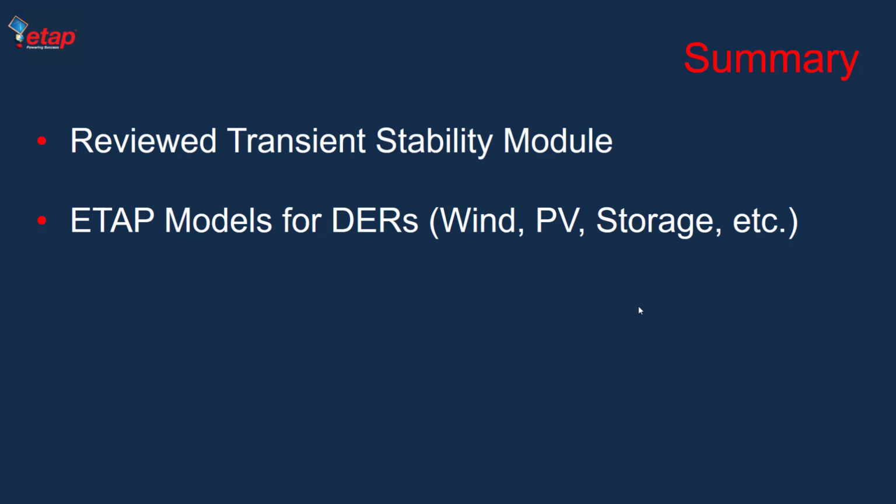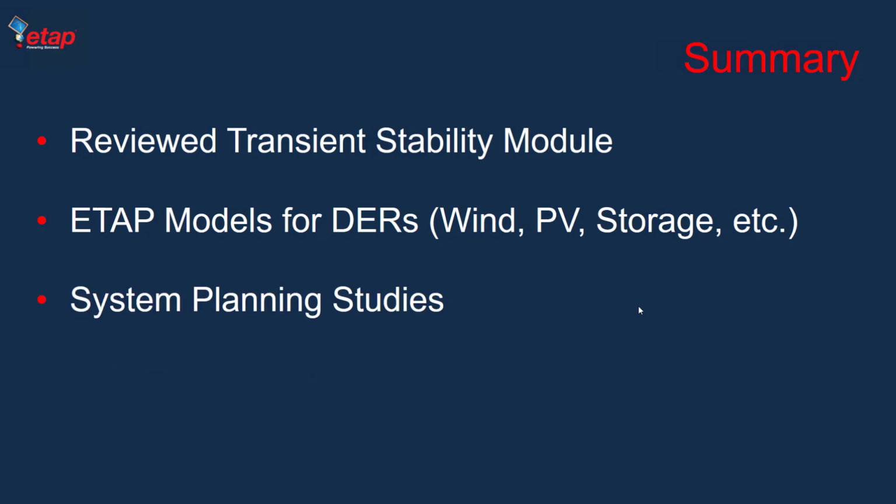We look at the IEC model for type 4A, type 4B, which were basically published around 2014 and 2015. We look at the power plant controller UDM. We look at the UDM for the PV, storage. Again, these WECC models and the European or IEC models are mostly for system planning studies.